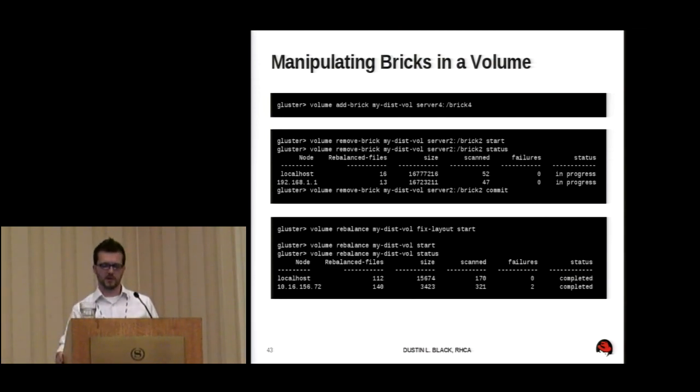There are a couple of different things I can do here, and the first one that I'm showing there is I'm running volume rebalance with the volume name, and then I'm giving it the fixed layout, and then telling it to start that process. Now, in this case, all it's doing is changing the architecture of the bricks in that volume and making that new brick available for writing data to. It is not moving any existing data around. So even though that's part of the rebalance command, it's not actually rebalancing any existing data.